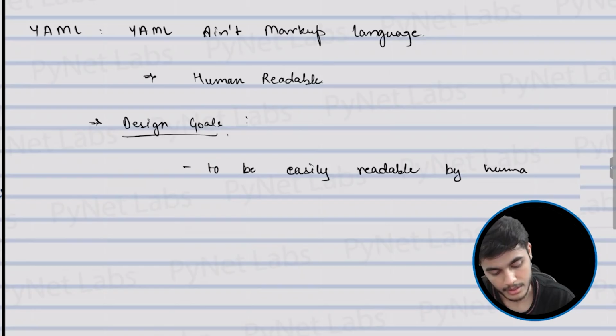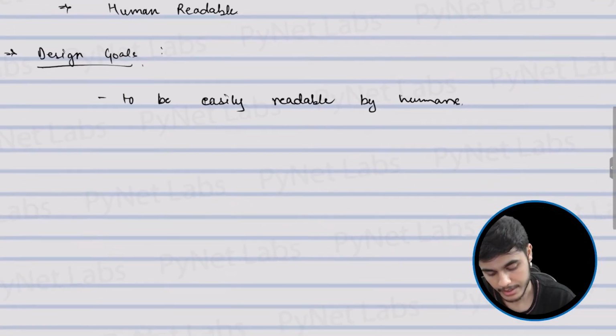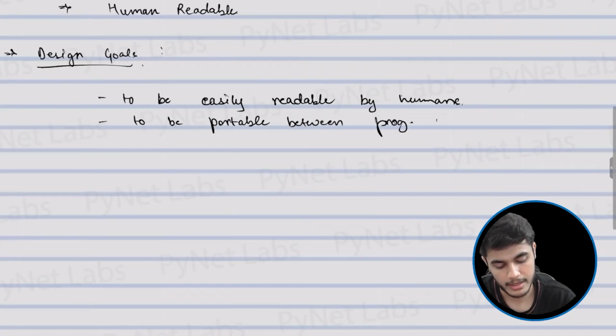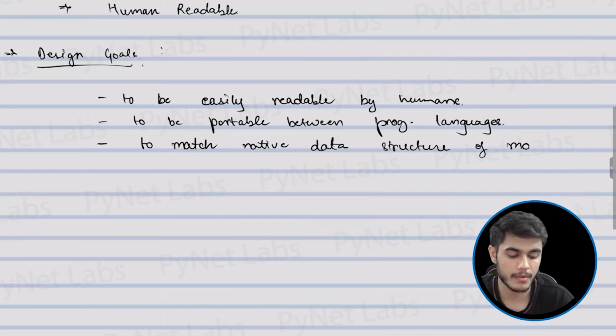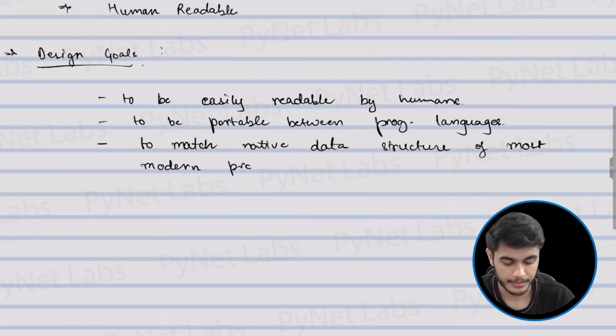Then the second one is to ensure that it is easily portable between programming languages. Then the third design goal is to match native data structure of most modern programming languages.